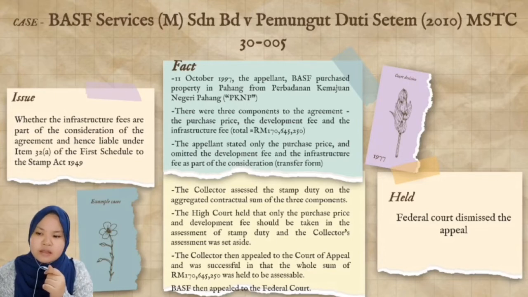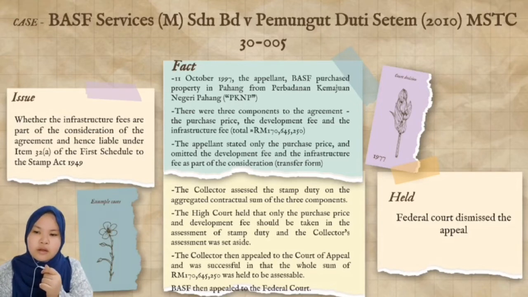The collector then appealed to the Court of Appeal and was successful; the whole sum was held to be assessable. BASF then appealed to the Federal Court. The Federal Court dismissed the appeal by BASF.